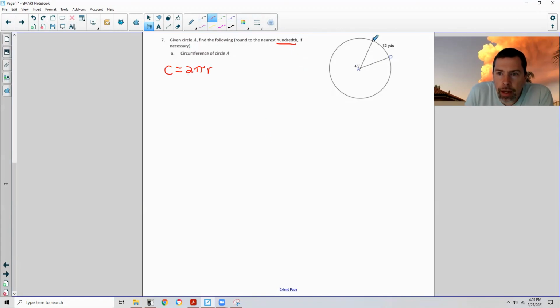I know an arc length. That's a really poor place to put that. That should be in here. That makes it look like this big angle is 45 degrees, and obviously it's not. So we have a 45 degree central angle. So this is a 45 degree arc that is 12 yards long. Circumference equals 2 pi r.